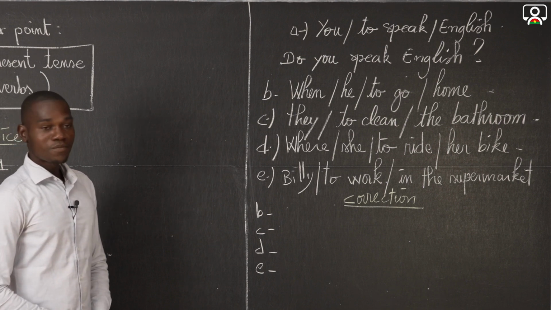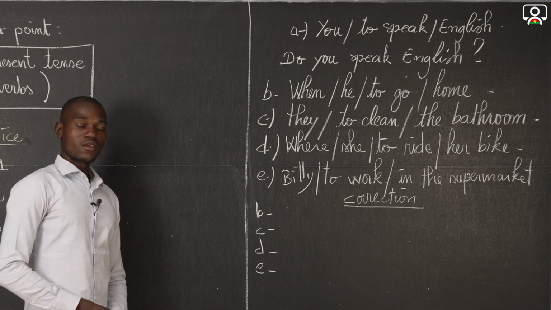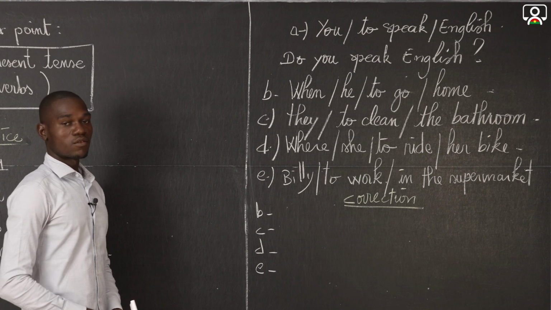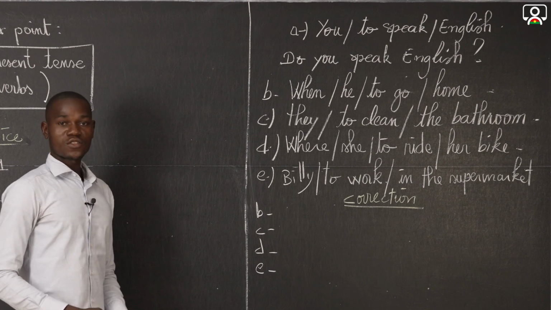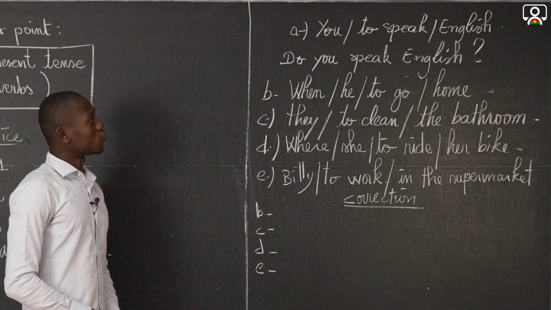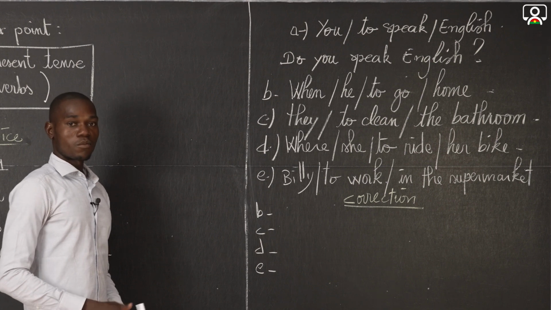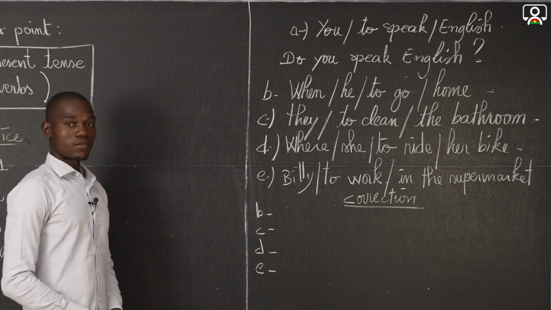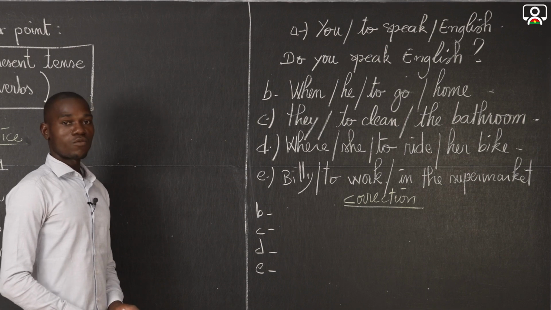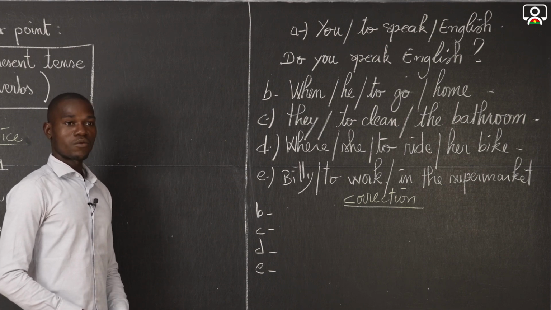For B, remember that there are two types of questions. You have yes or no questions, which begin by the auxiliary, and WH questions in which you have a WH word.